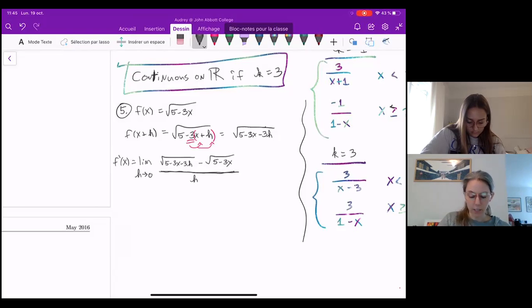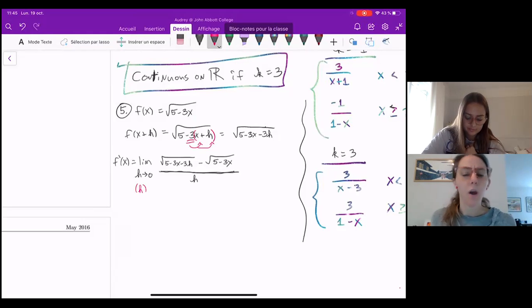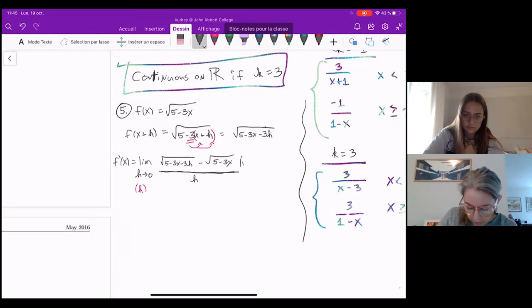To do this, we know that we are trying to factor out a factor of h, so we want to cancel out a factor of h. We also don't have to plug in for these because we know we're going to get 0 over 0, so we can just immediately rationalize.